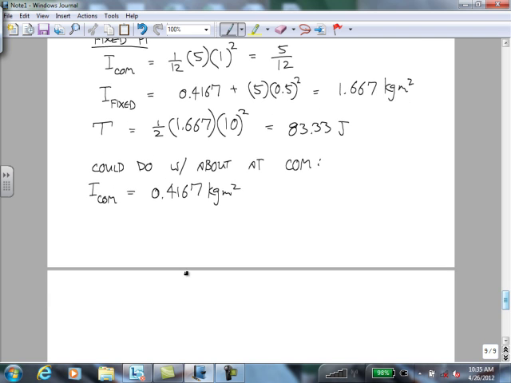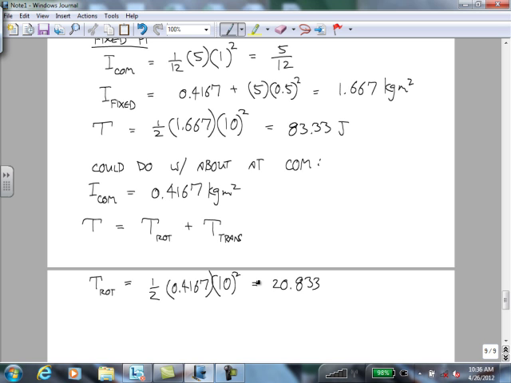The total kinetic energy we can think of as the rotational kinetic energy plus the translational kinetic energy. The rotational one is 1/2 I omega squared, and the translational one is 1/2 mv squared. For the rotational, we have 1/2 times 0.4167 times 10 squared, so 20.833.